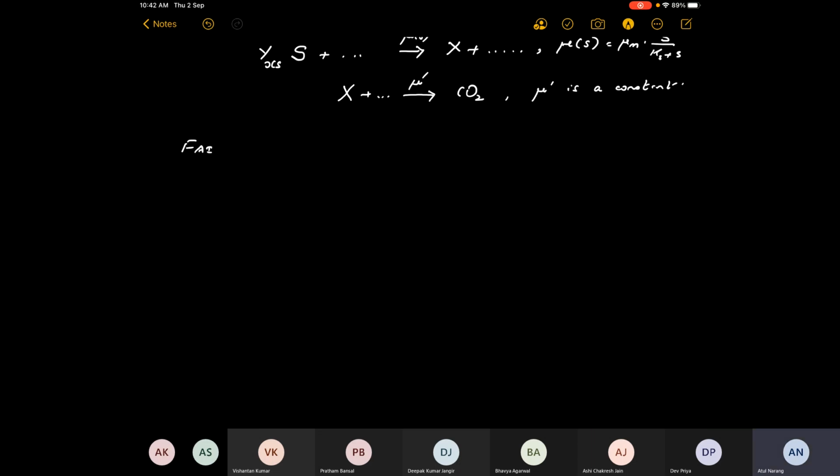So first I have shown you the failure of the Monod model at low dilution rates in a continuous culture. Now, failure of the Monod model in cultures limited by more than one substrate, let's just say multiple substrates.